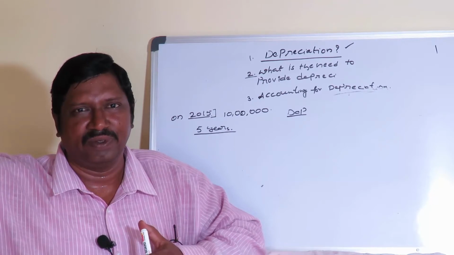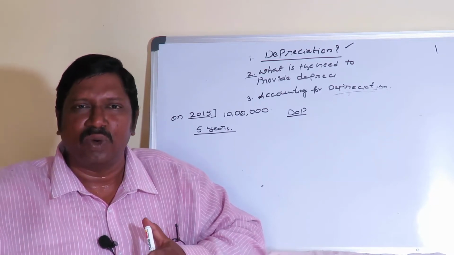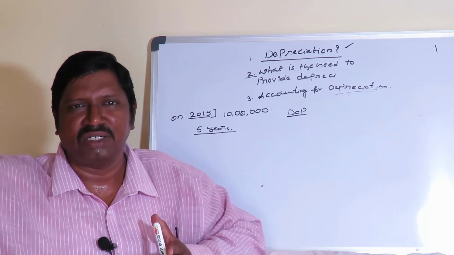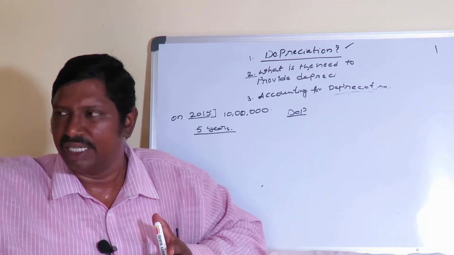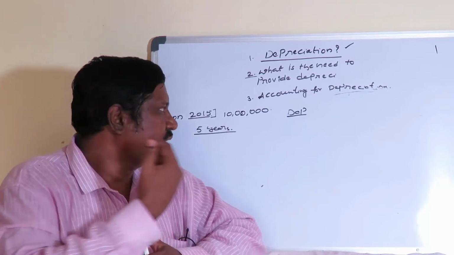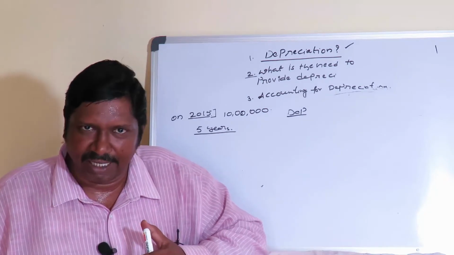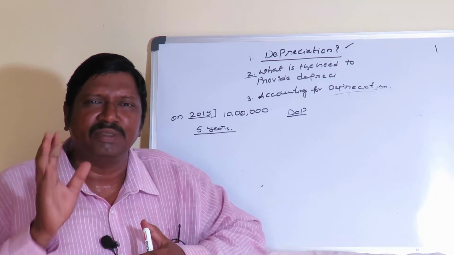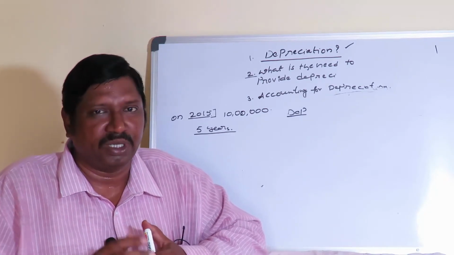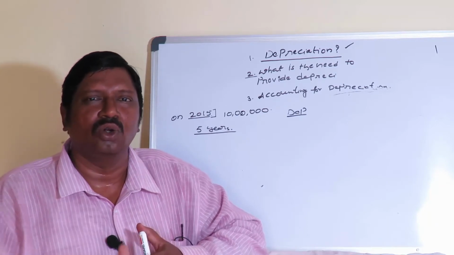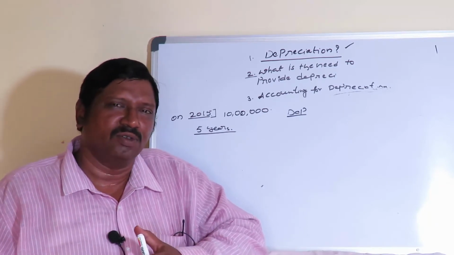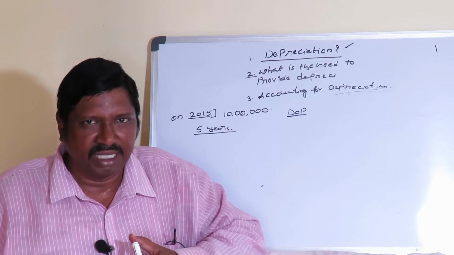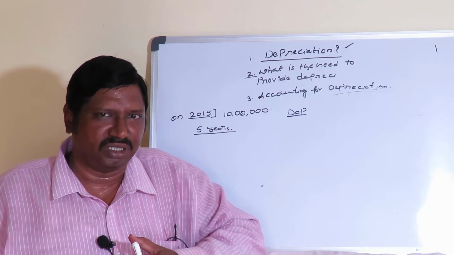After 5 years, whatever amount we placed in the reserve of depreciation must be utilized to replace the machinery again. Hence, to replace the machinery after its obsolescence, after its no-use period, we must provide depreciation. These are the reasons why we have to provide depreciation.